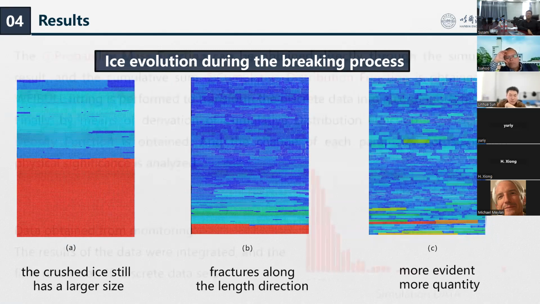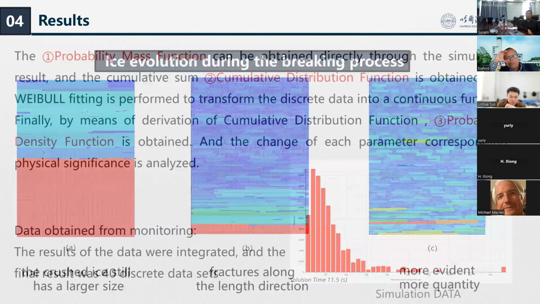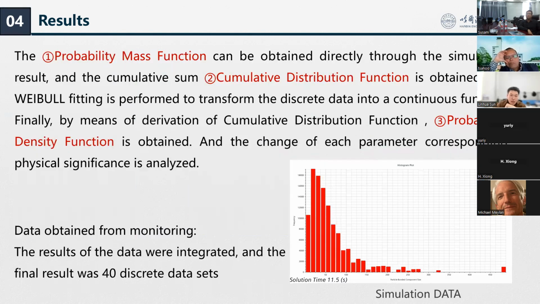And in this problem, FSD, which means floe size distribution, is very necessary for everyone to solve. So we use three mathematical methods to solve it. First one, probability mass function.